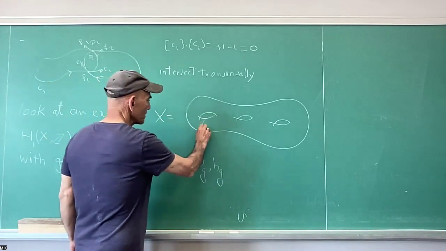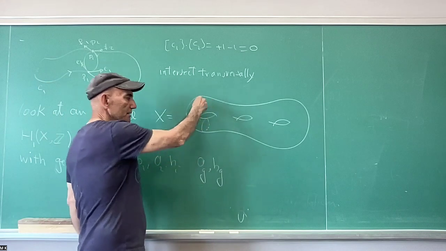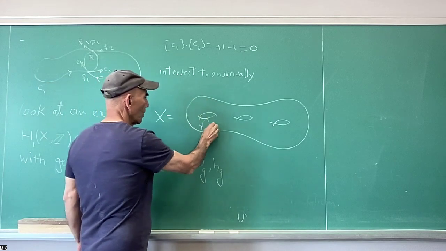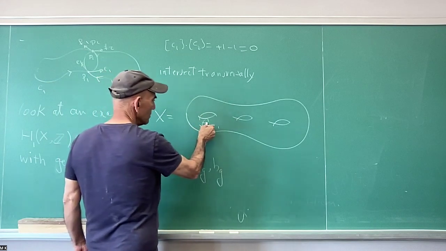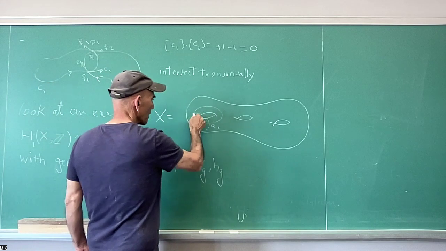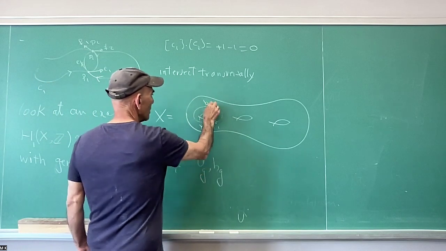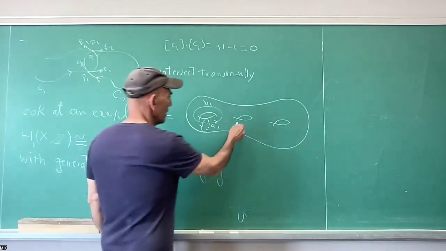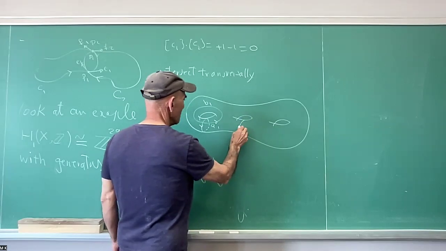Here is A1, for example. It goes around this hole one time. And this one goes around the same hole, but in this direction. This is B1, right? Then for this one also, we pick A2.